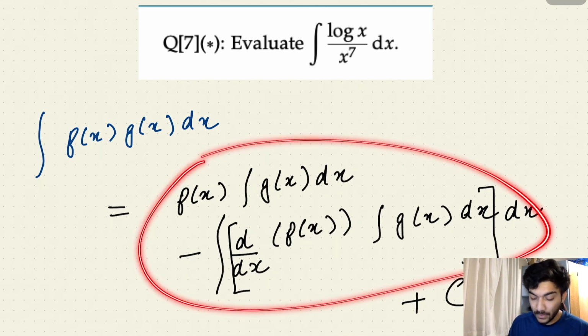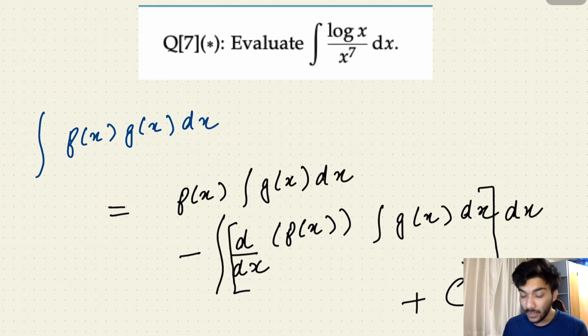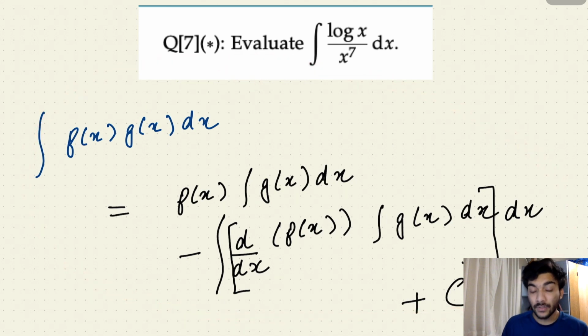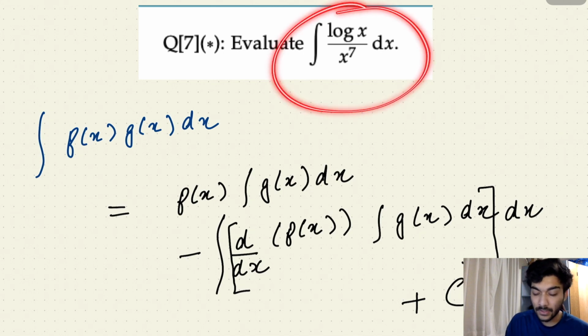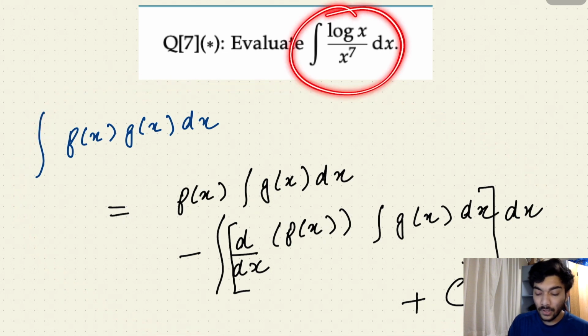You'll subtract both of these expressions, and then if you're calculating an indefinite integral, you'll add a constant of integration in this case. Again, if you want to get a good idea about what this formula is, I'll suggest you to first watch the previous video and then come back to this video in order to solve this question. So based on this formula, let's solve this question.